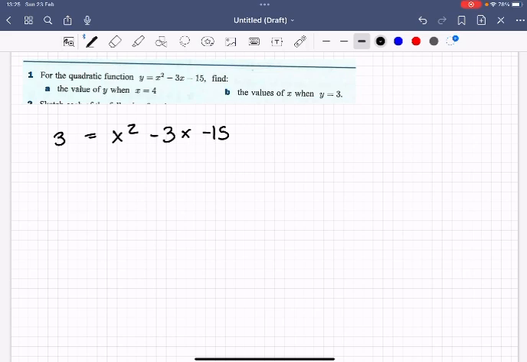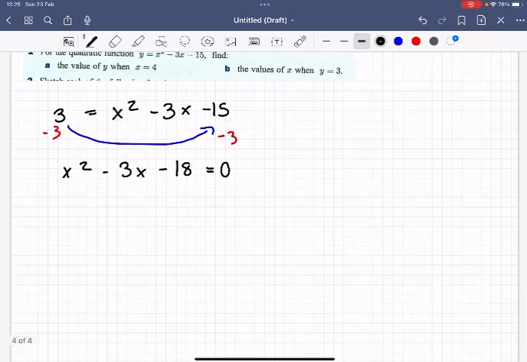To do that, we're just going to bring this 3 over here, and what we get is x squared minus 3x minus 18, because we're subtracting 3 from both sides. Now this is equal to 0. And you'll see why we're doing this in the next few steps.